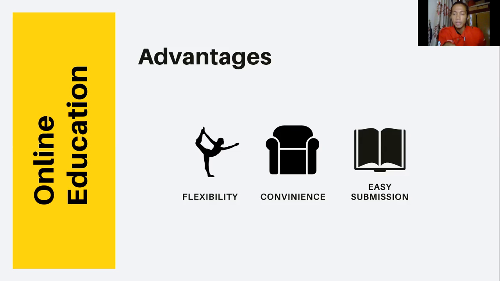Because of the flexibility, students are able to choose the place to take their courses, such as at home or at a coffee shop. The student will not easily get distracted by their surroundings because there's no one around.